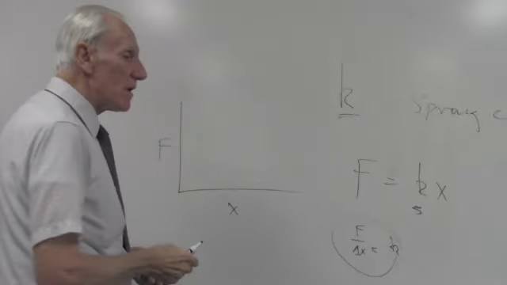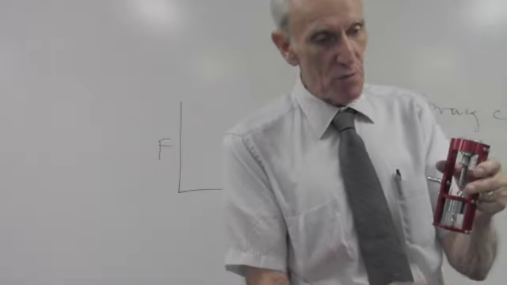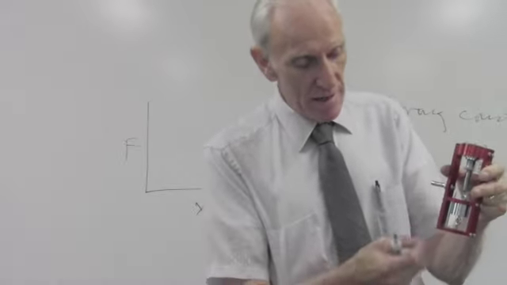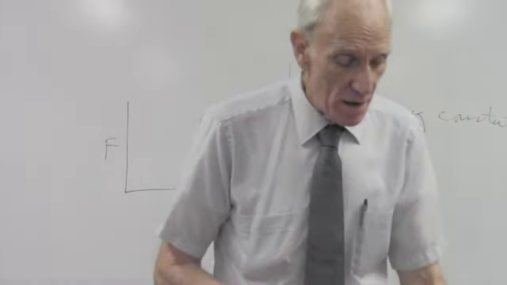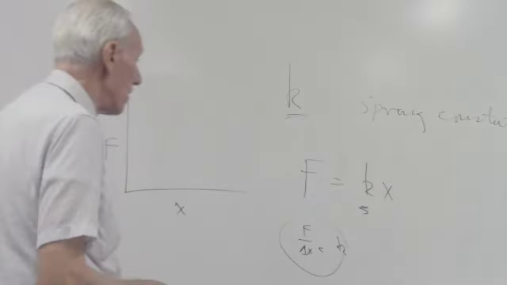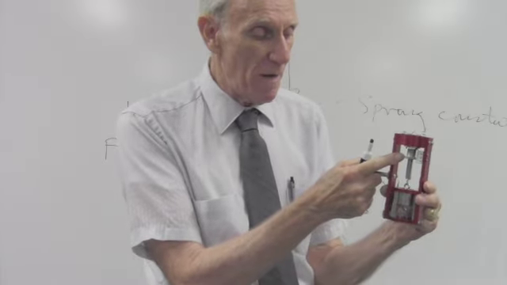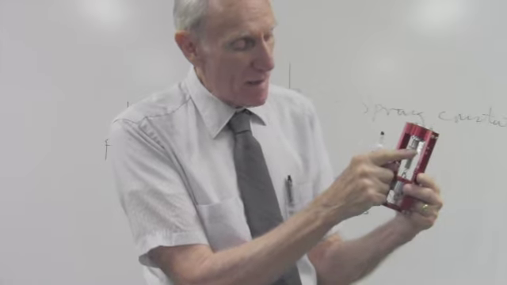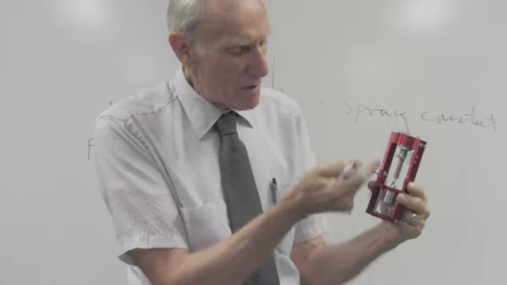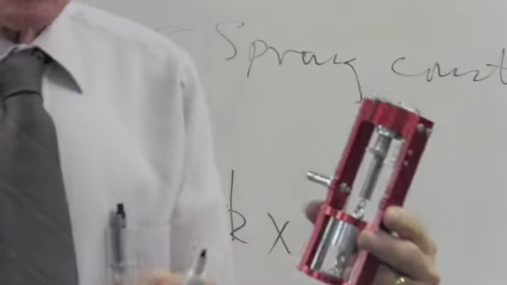So if you simply put this on a hook and add weights, and more weights, until it stretches a certain amount, which we have to talk about very carefully, then as you change the spring length, which you change by turning this knob here, the more you turn it up towards 20 on the dial, this is the dial from 0 to 20 here, the longer the spring is, and the more force you're going to need to stretch it to the same reference position.